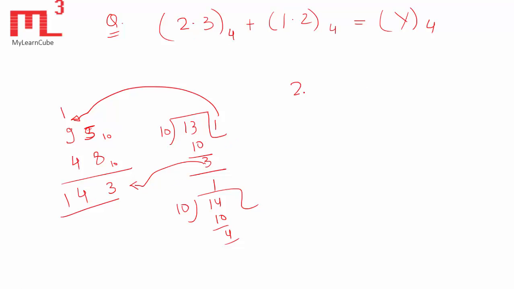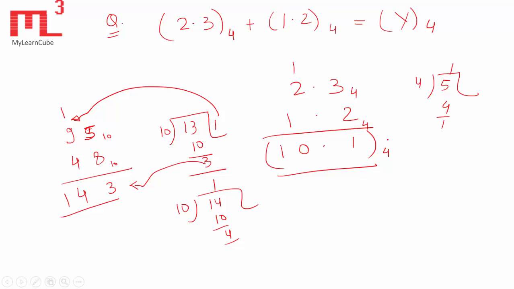Take this example: 2.3 plus 1.2 in base 4. 3 plus 2 is 5. Dividing by 4, remainder is 1 and quotient is 1. Again, 2 plus 1 plus 1 is 4. 4 divided by 4, remainder is 0 and quotient is 1. So this is the output.